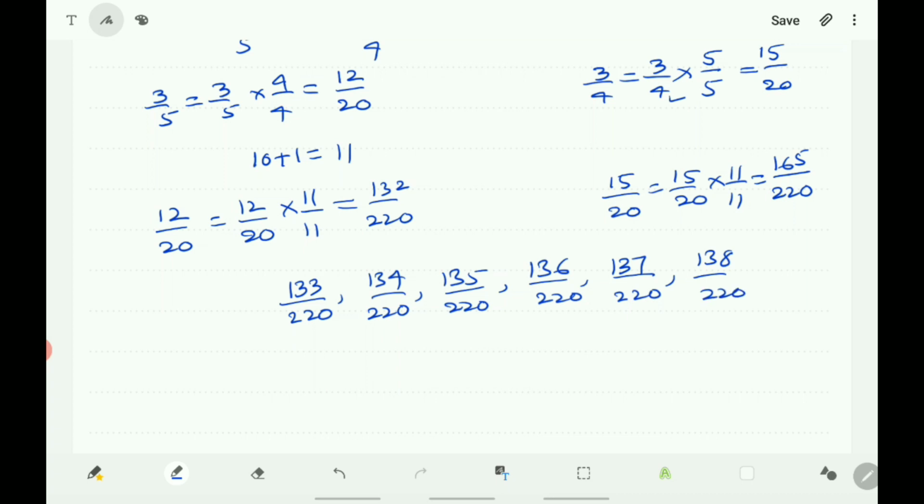Like this way you can write 139 by 220, 140 by 220, 141 by 220, 142 by 220.